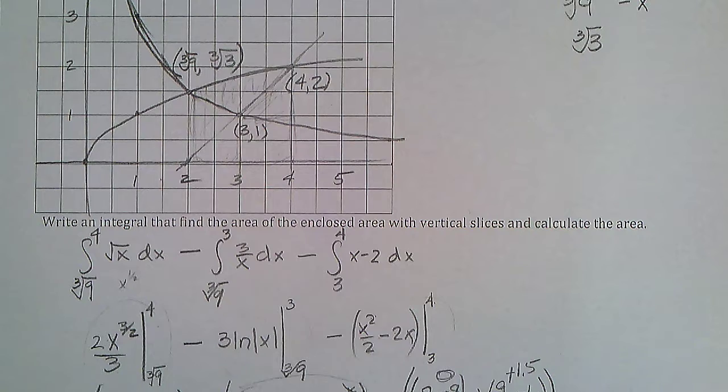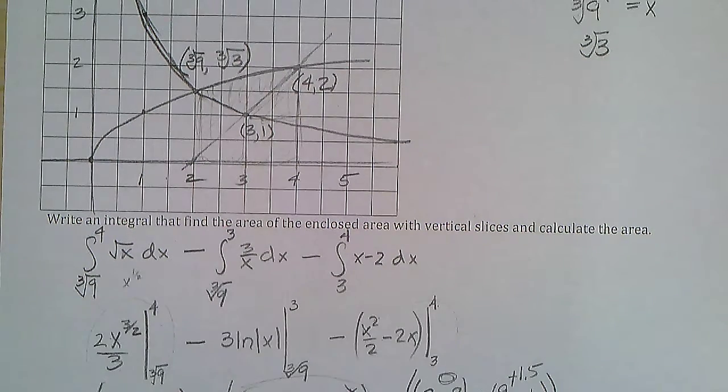All right, so 16 thirds is 5 1/3, minus 2 is 3 1/3, so I have 3 1/3 minus 1 1/2 minus ln 3, which, let's see if I can find my calculator here.